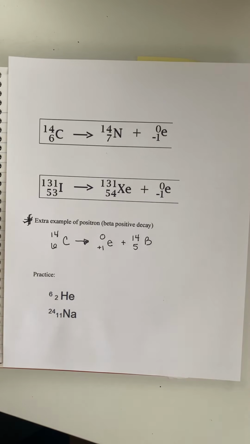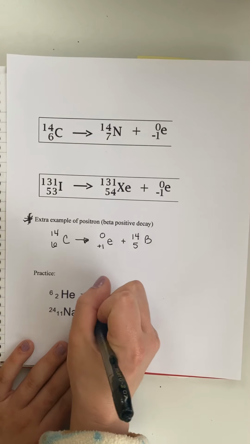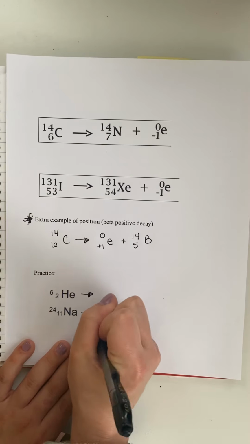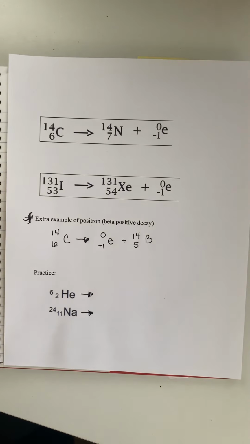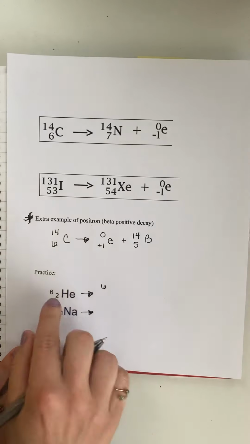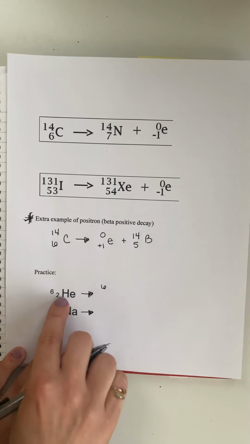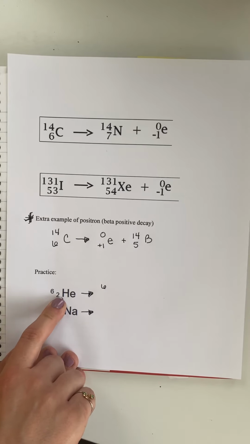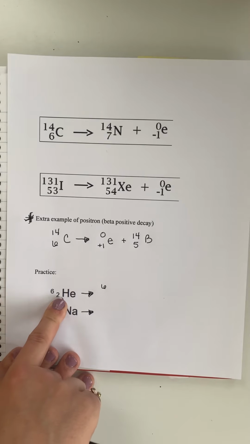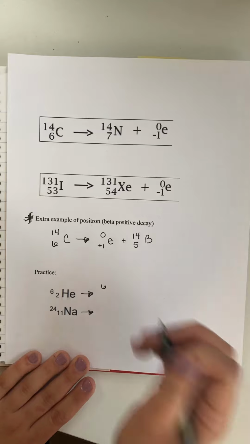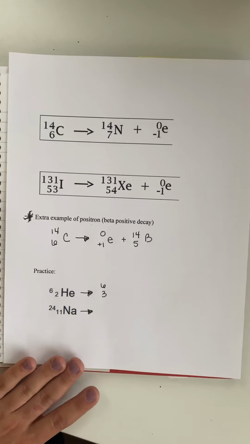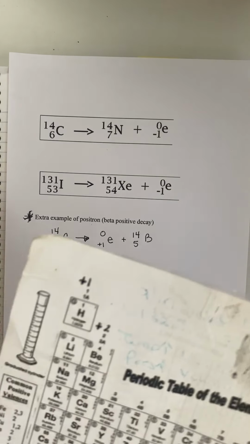All right, let's practice how I'm going to ask you to do it. So let's say I want you to show me that both of these guys undergo beta decay. I start with helium. I know my mass remains the same, so I'm just going to write the number up here. I know that I gain a proton since my neutron turns into a proton. So 2 + 1 is 3. What is 3 on the periodic table?